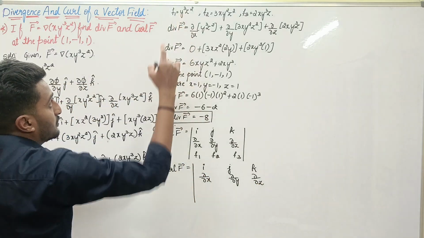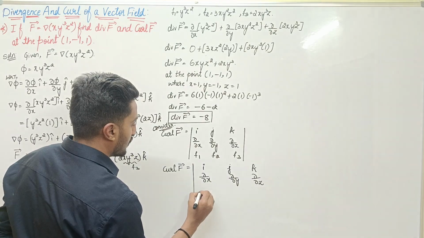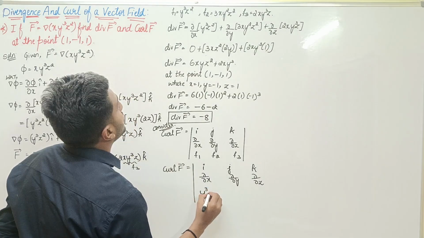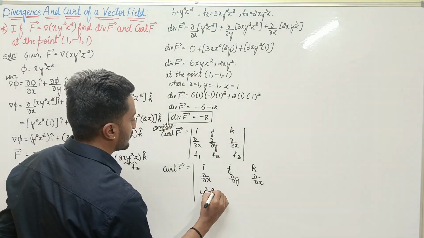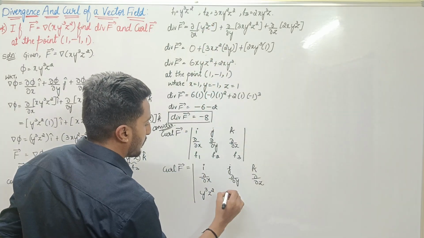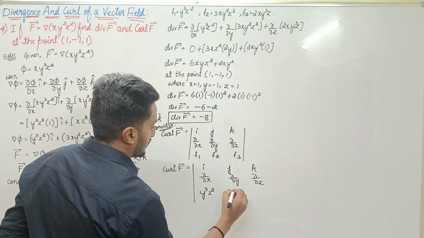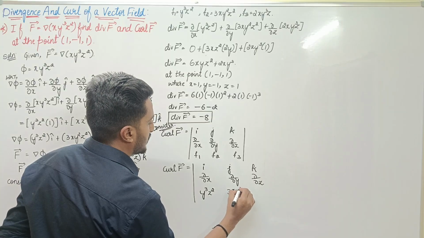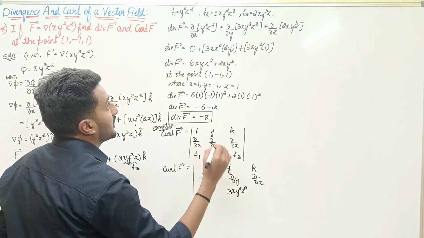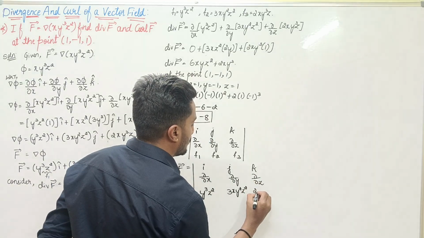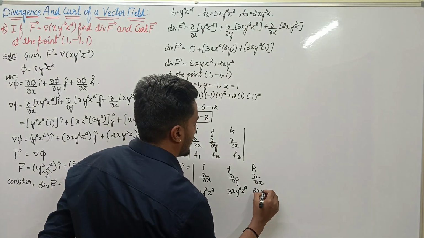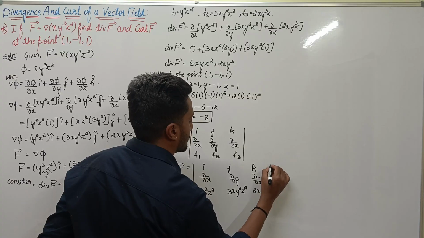F1 we have, copy that down, y³z². Next, F2 we have 3xy²z². Next we have 2xy³z.